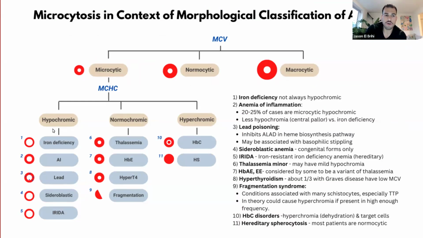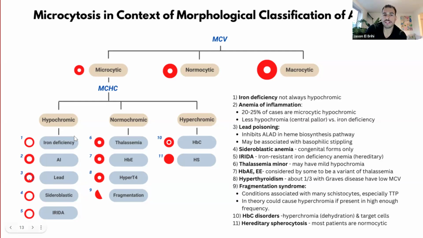Typically the most common one is iron deficiency anemia, where you get a small cell, microcytic, and a hypochromic cell with low hemoglobin. There are some other causes, such as lead, sideroblastic anemia. But the most common one by far is iron deficiency, and we'll talk about that in a second.